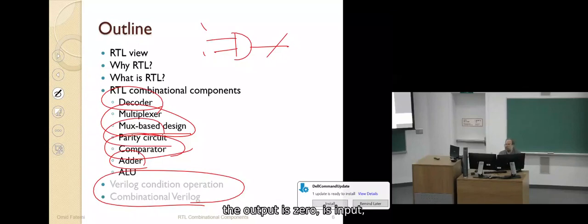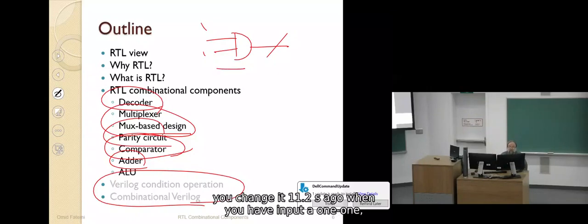If the input is 0, 0, the output is 0. If the input is 0, 1, the output is 0. And so on. But in a sequential circuit, you change the input to 1, 1, and 2 seconds ago, when you had input of 1, 1, the output was 1.